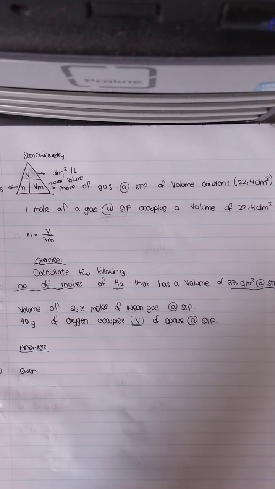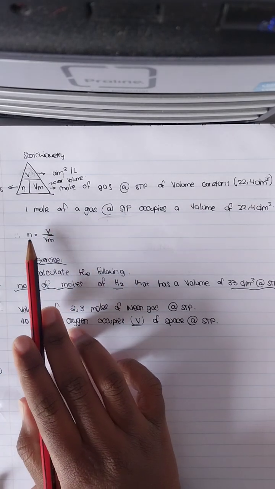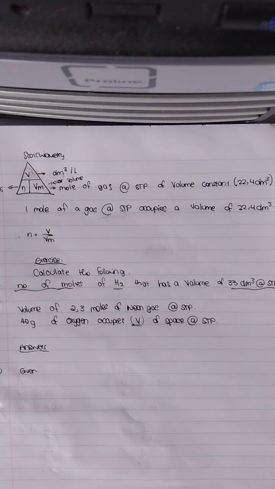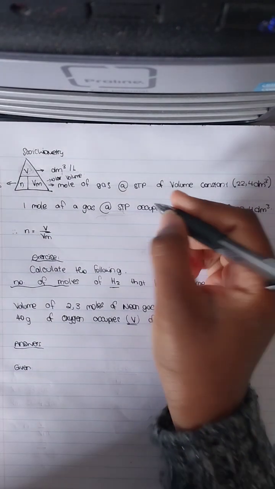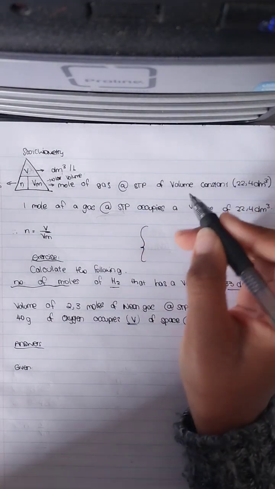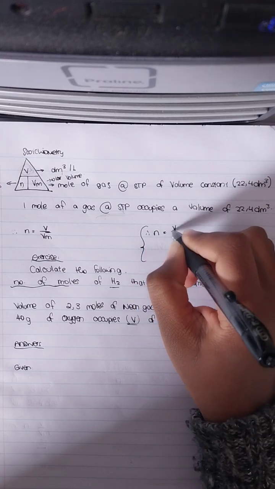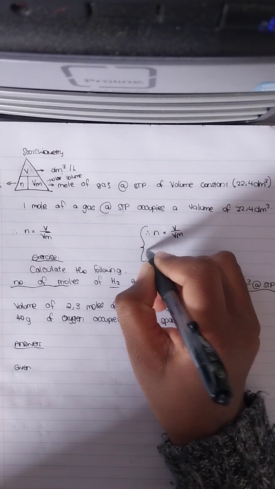All right. Let's get to the exercise. But first of all, here's our general formula, which is n is equal to V over Vm. That is our general formula that we must always write down, and then we write down the other formulas. So let's do this so that you guys don't get confused. Now our n is equal to V over Vm.